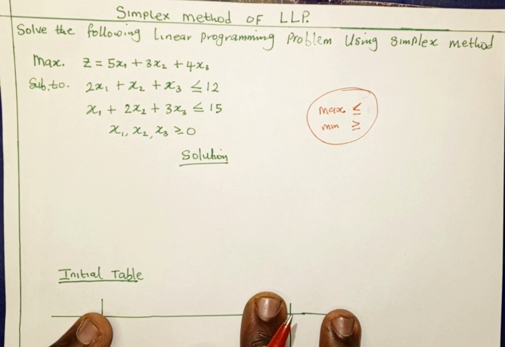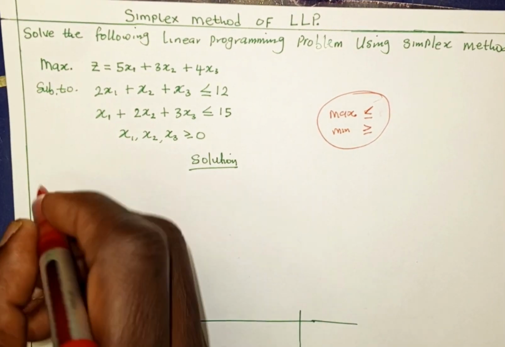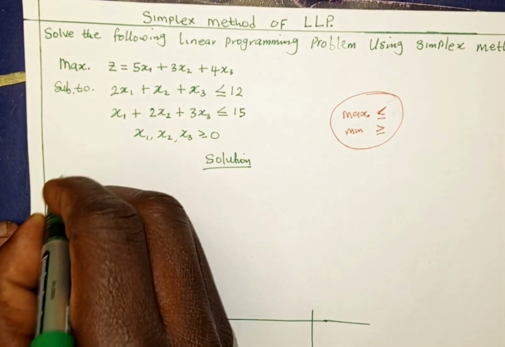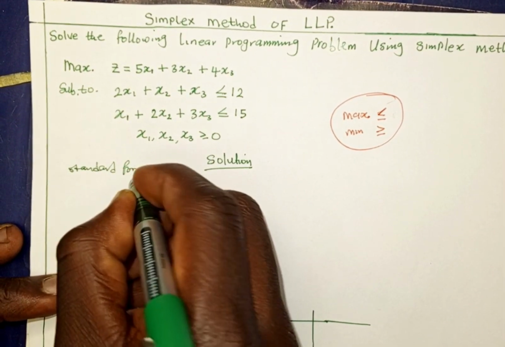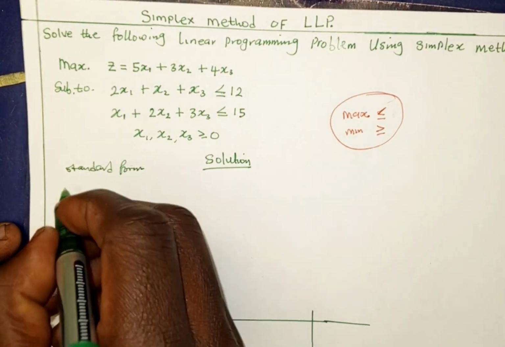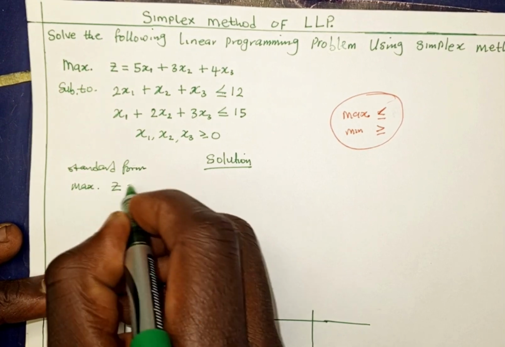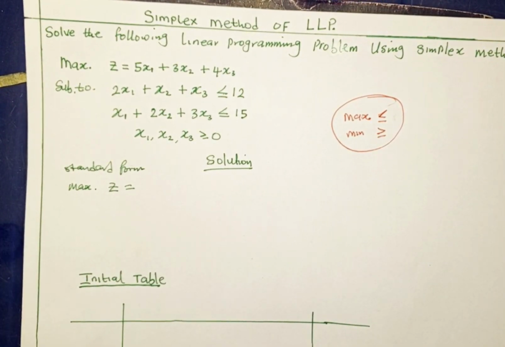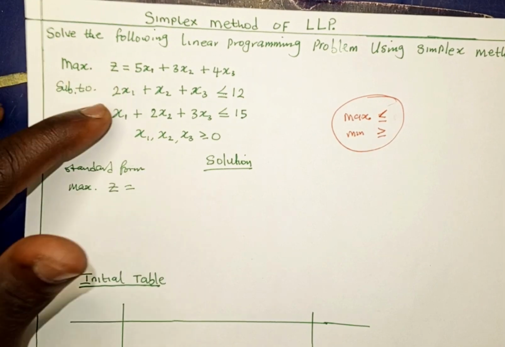Now the solution. The first thing we're going to do is to write this problem in standard form. So we have max, then the objective function z, which is going to be equal to... How many equations do we have here? Two equations, equation 1 and equation 2.